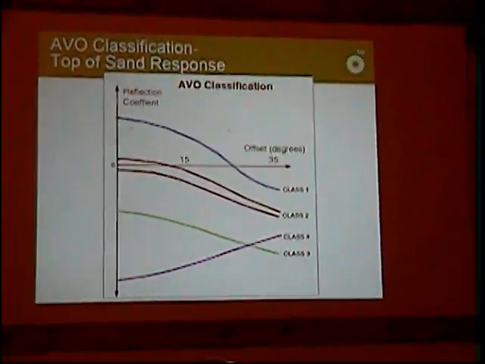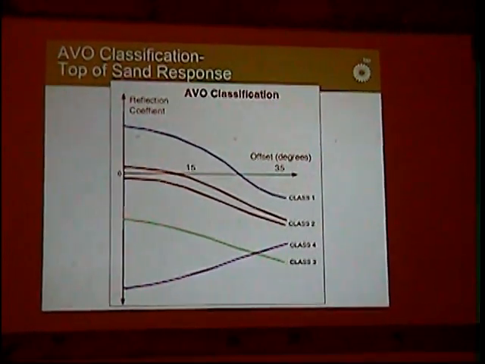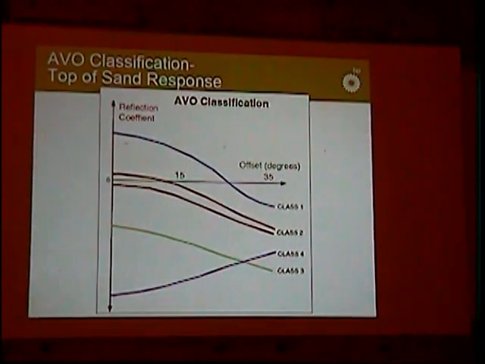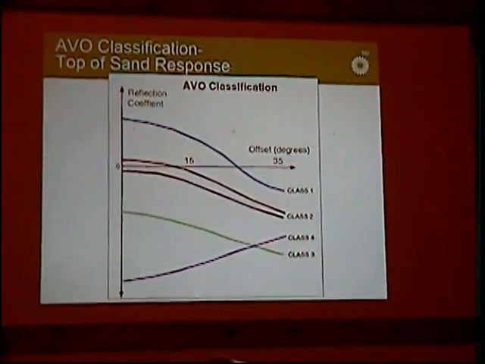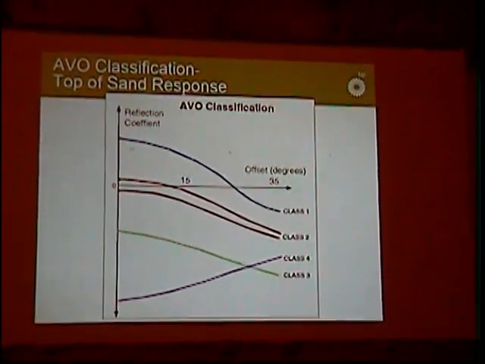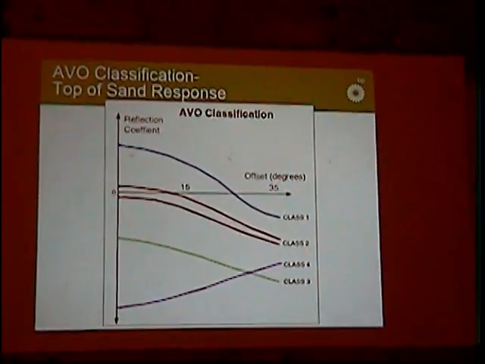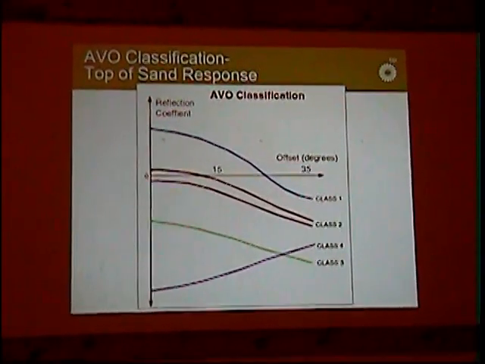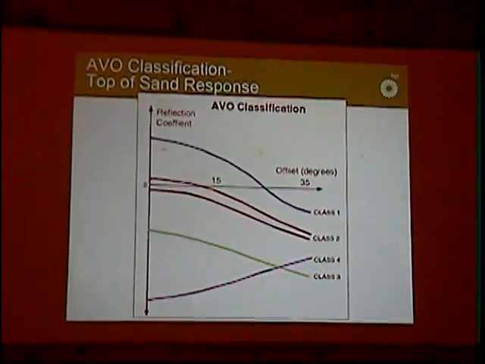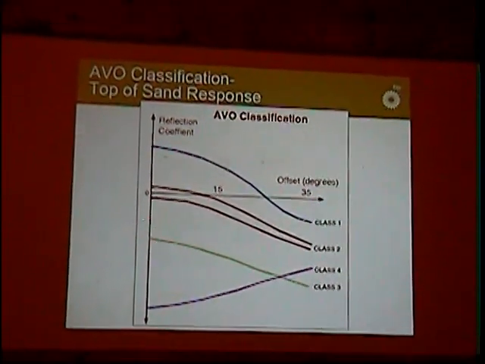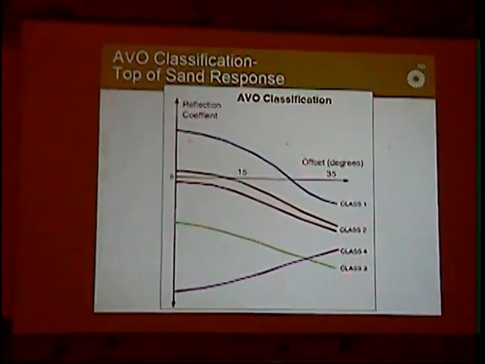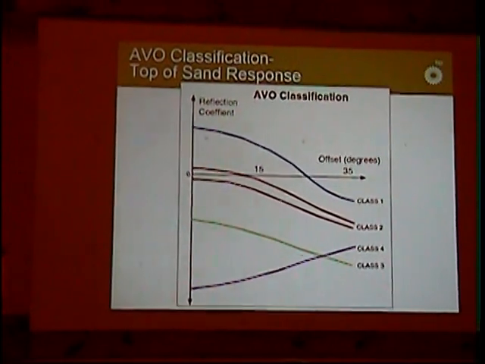Okay, AVO classification based on Rutherford and Williams. Top of sand response, because you can have a response at the base of the sand also. So we're just looking at the top of the sand response, and typically fairly shallow in the section. I'm thinking Trinidad, Gulf of Mexico, different areas. You have what we call class 3 responses, meaning you have a fairly strong negative reflection coefficient, which is increasing or becoming more negative with that offset angle.